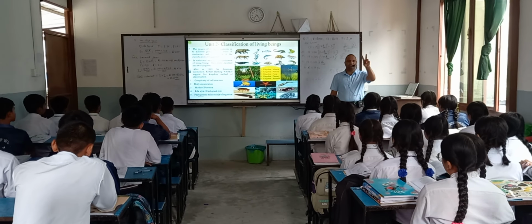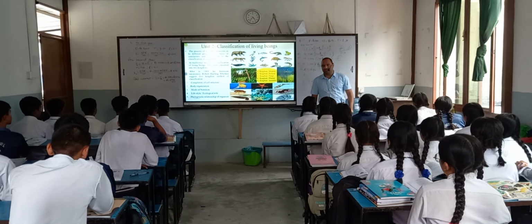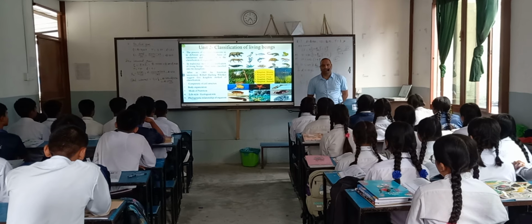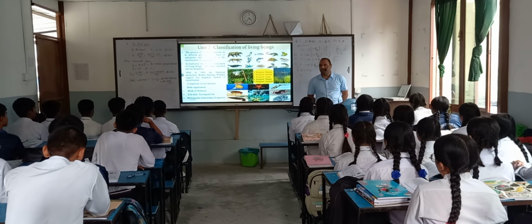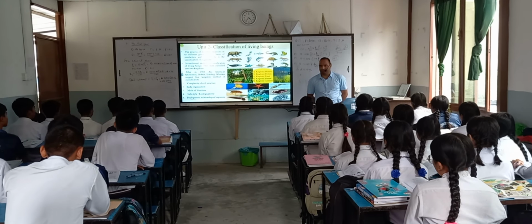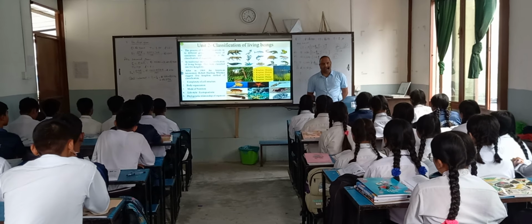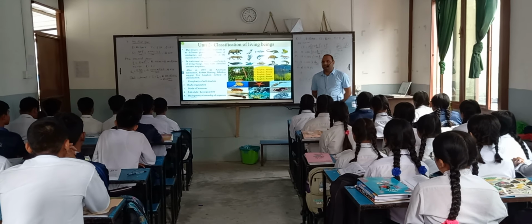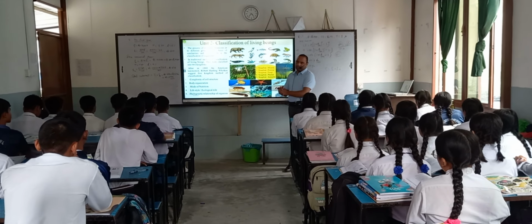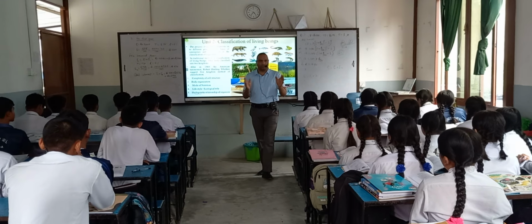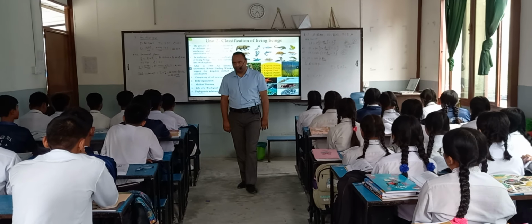There are generally two different systems of classification in science as well as in the field of biology. In 1758 AD, Carolus Linnaeus proposed the two kingdom system.